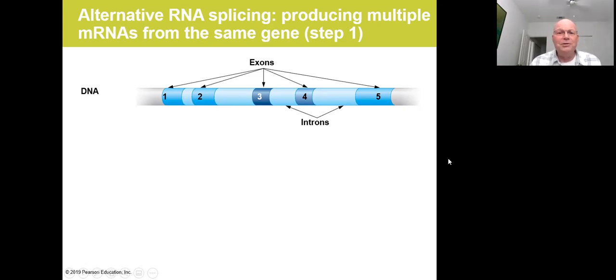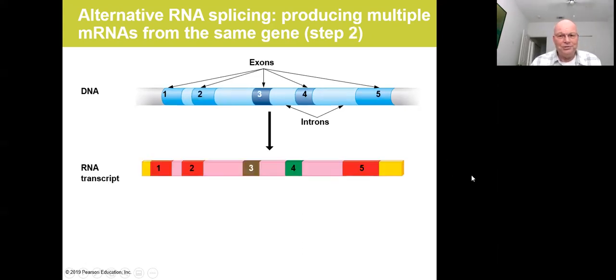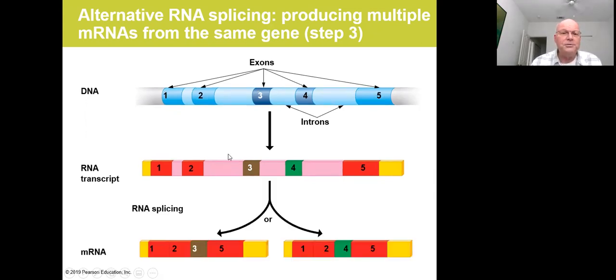So the first thing you're going to do is make a transcript. And the RNA polymerase does not discriminate between the exon sequences and the intron sequences, which is the reason why we need to process the messenger RNA, the transcript, because the RNA polymerase can't differentiate between the introns and the exons. It just copies everything. So once we've got the transcript, then we need to cut out the introns.